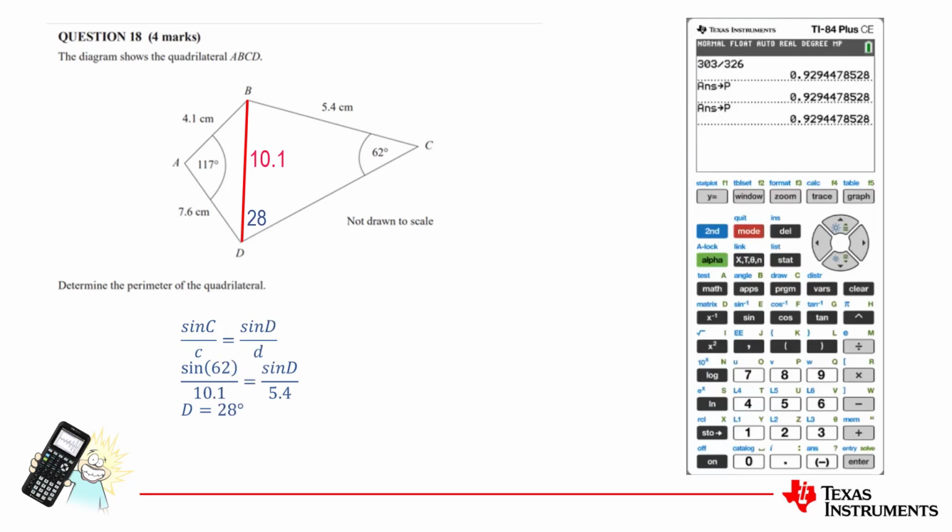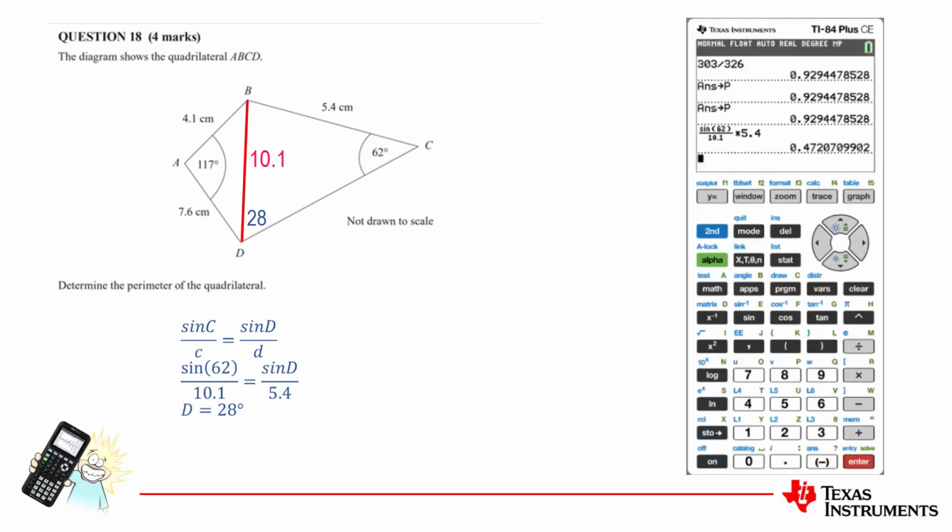So I solved for that. That gave me 28. So I did sine 62, and I'll talk you through this one on the calculator quickly. So I did sine 62 over 10.1, and then I knew that to solve for sine D, I'd have to multiply by 5.4. So I just did that all in one step.